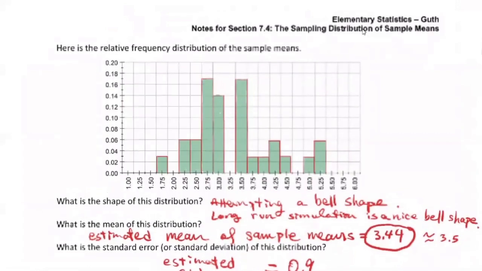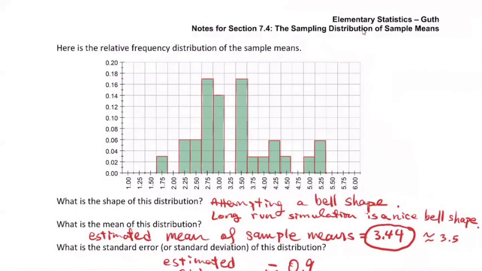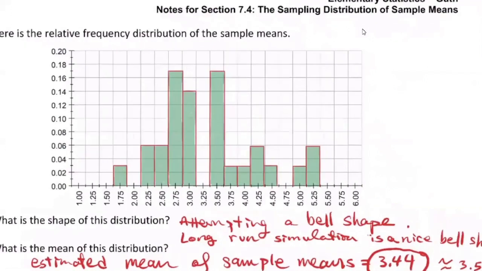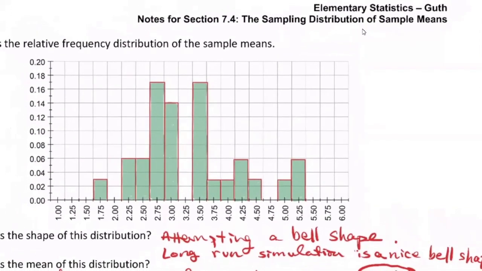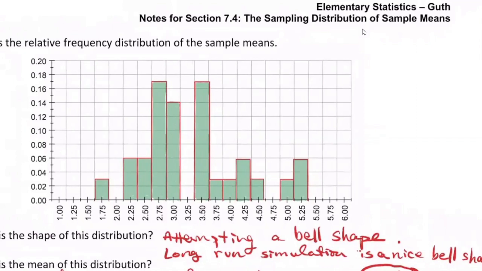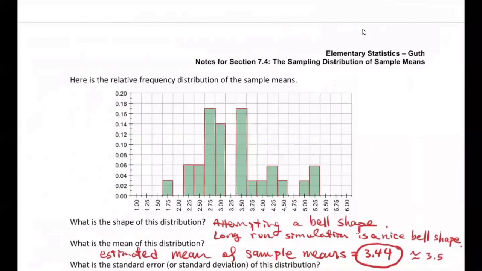So I'm going back into chapter 7, and this time I'm looking for 7.4, where we had done a bunch of, we were rolling dice and computing the average roll. And in the simulation that we did, I think some 30-something rolls, we got sort of a bell-shaped distribution.